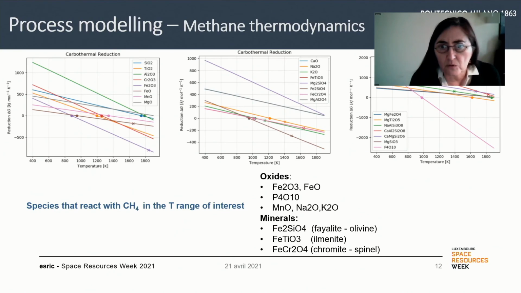I just want to quickly rush at the end, showing you what we did from the modeling point of view. So we did first an analysis in terms of thermodynamics, so the possibility to have something happening. Now I don't enter in the graphs singularly, of course, but we analyzed the reactions with methane, starting from the minerals that we have in, so to identify the free energy, the reaction occurrence possibility.